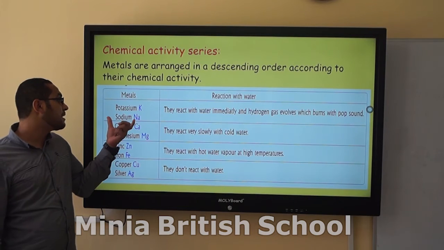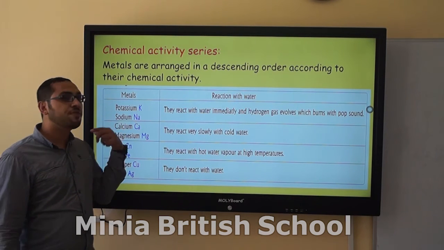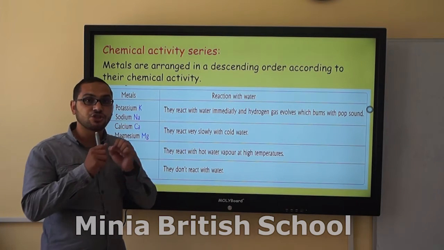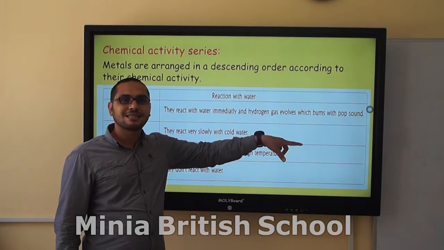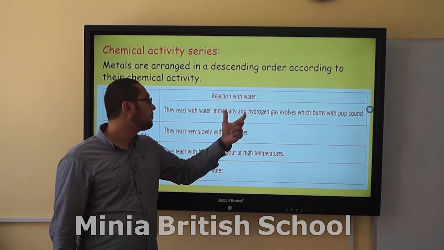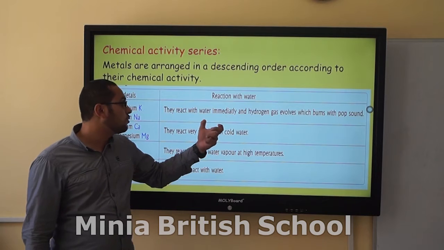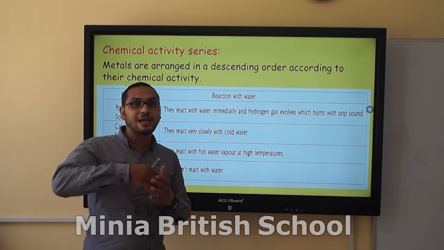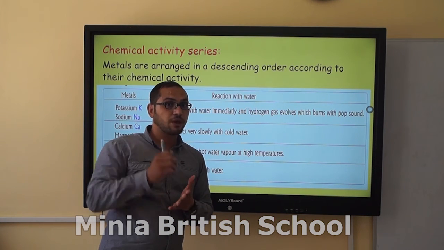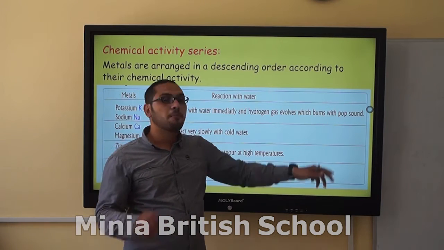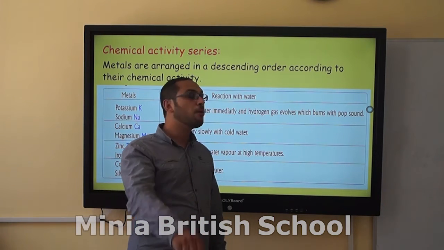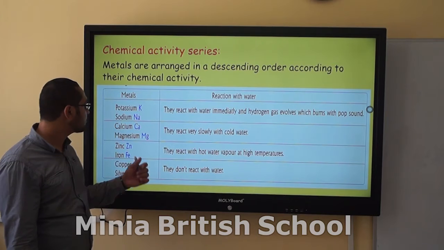First, potassium and sodium. Both of them react with water instantly, and hydrogen gas evolves, which burns with a pop sound.